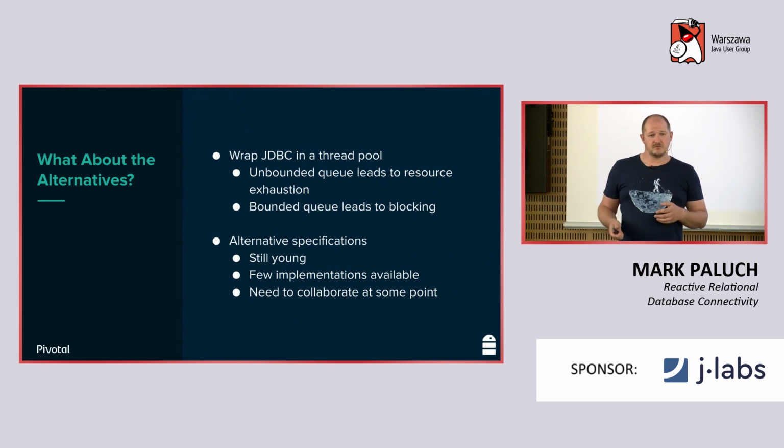And if we bound that with, say, 500 requests, then we are able to buffer a number of requests before we stop accepting requests. But you know, this blocking queue, if you use it in a blocking way, starts to block if you go beyond that limit. So we end up again where we started. So JDBC on the thread pool is not the best idea if you want to run it in production.